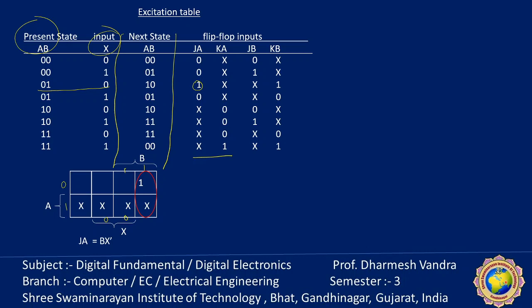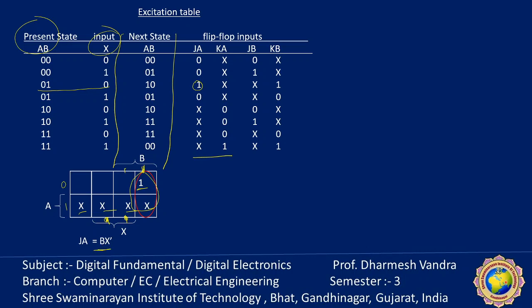Okay. So A is equal to 0, B equal to 1, and X is equal to 0. See here. And for the remaining, when A equal to 1, all four conditions, the X is a don't care condition. So we found that this is the equation B X dash.